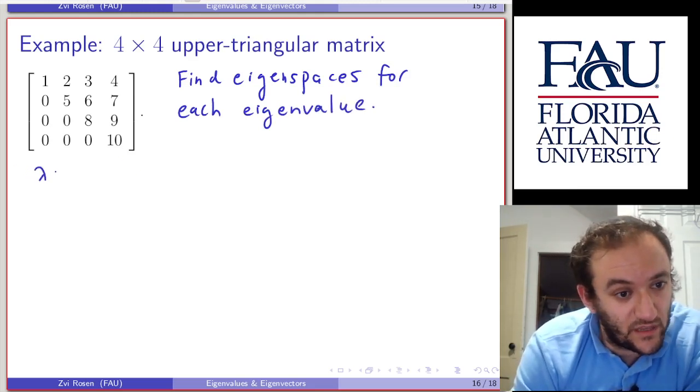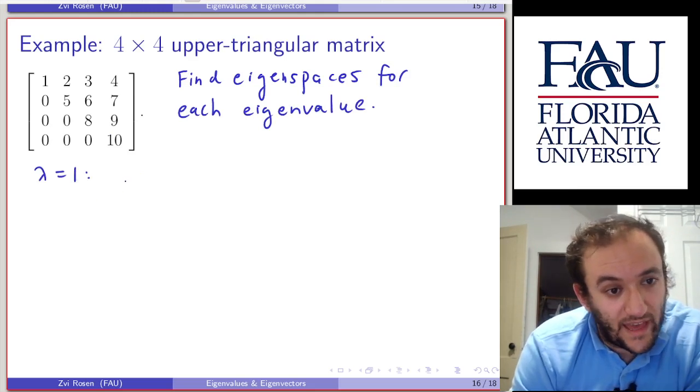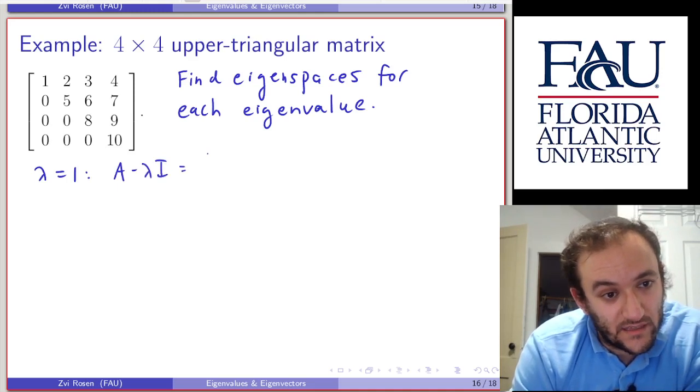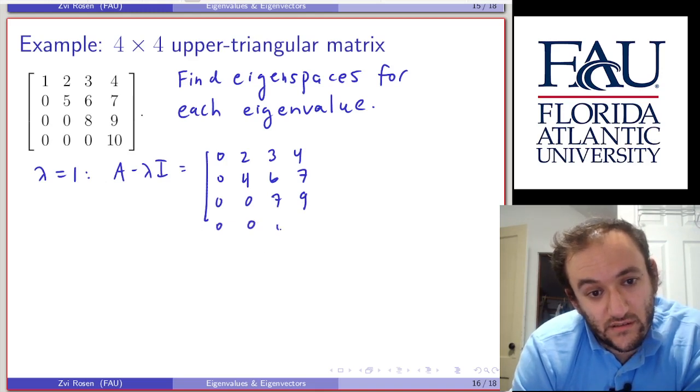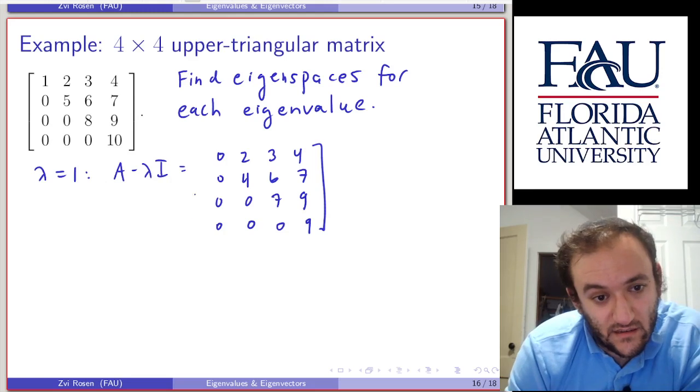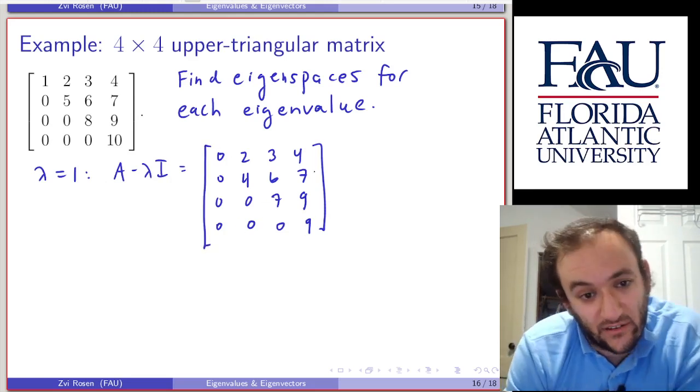So starting with lambda equals 1, we have the matrix A minus lambda I is equal to the rows (0, 2, 3, 4), (0, 4, 6, 7), (0, 0, 7, 9), (0, 0, 0, 9). Okay, and we get this matrix just by subtracting 1 from every element on the diagonal.